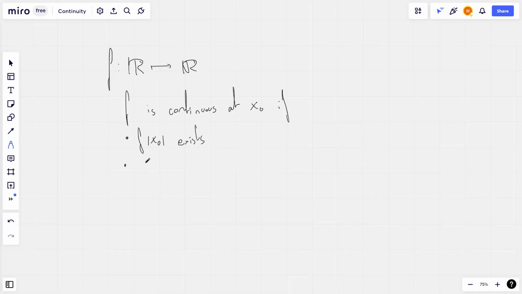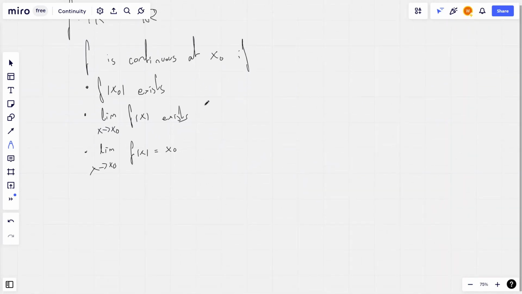We want the limit as x goes to x0 of f of x to exist as well. And then the last condition is that we want the limit as x goes to x0 of f of x equal to f of x0, and all this information can just be summarized by this last point.